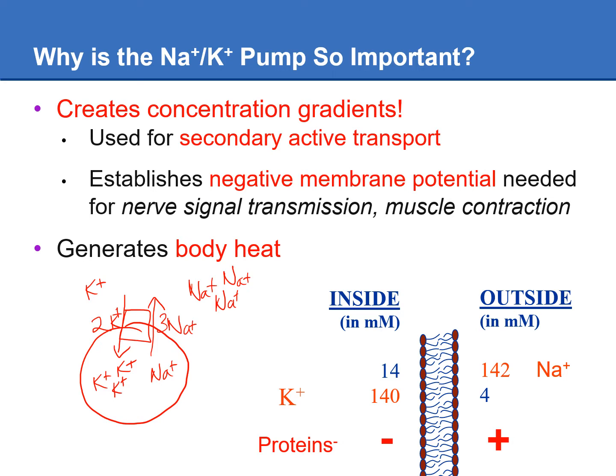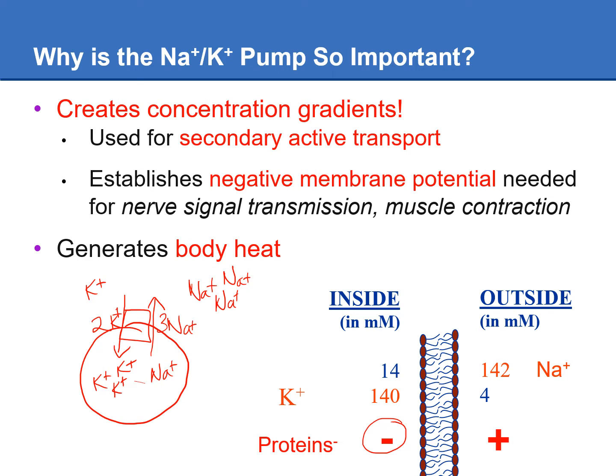You're moving 3 sodiums out, so 3 positive charges out of the cell, and you're only moving 2 potassiums, or 2 positive charges, into the cell. So if you have 3 pluses leaving and 2 pluses coming in to replace them, that's uneven. So we have more positive charges leaving than coming in, and so eventually we're going to end up with a negative membrane potential, and we'll talk about this later, but we get down to minus 70 millivolts with that.